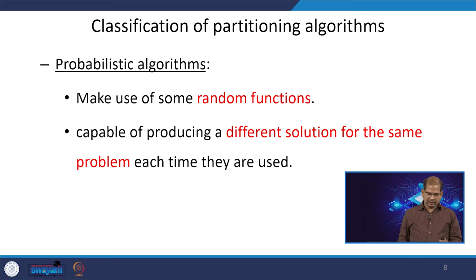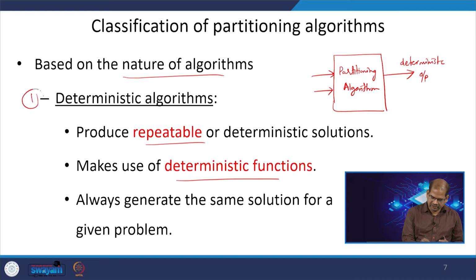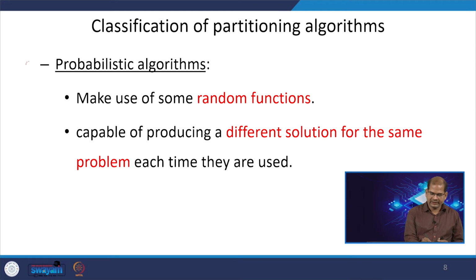This is the first category based on the nature of the algorithm. The second category is called the probabilistic algorithm. The probabilistic algorithm makes use of random functions. Some of the variables are generated from random numbers. In that case, the seed will determine the output of your algorithm.